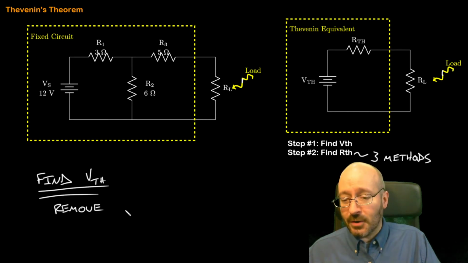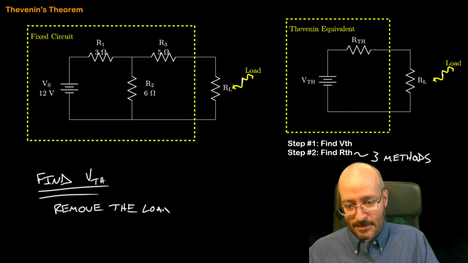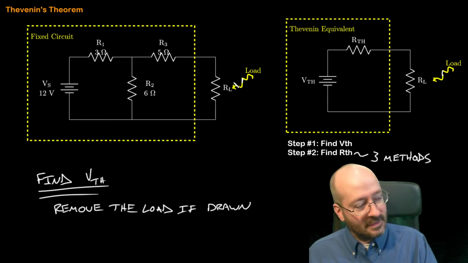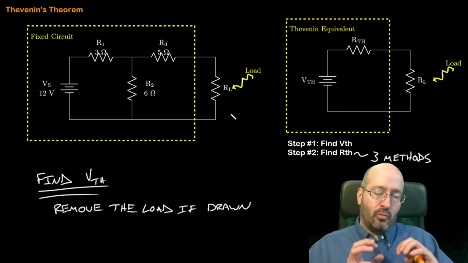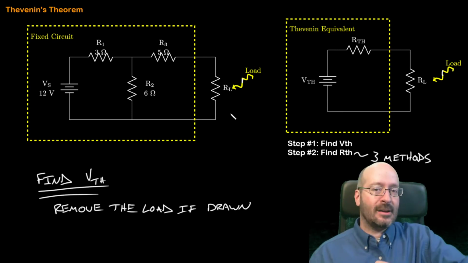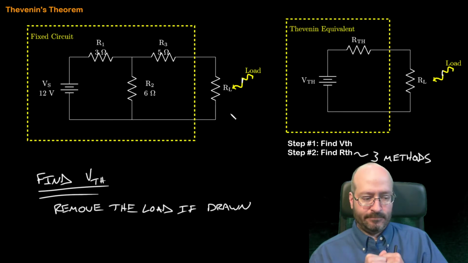It's not always drawn. In this case it is, this RL over here. We want to recopy the circuit, and we want to take that component out of the circuit.